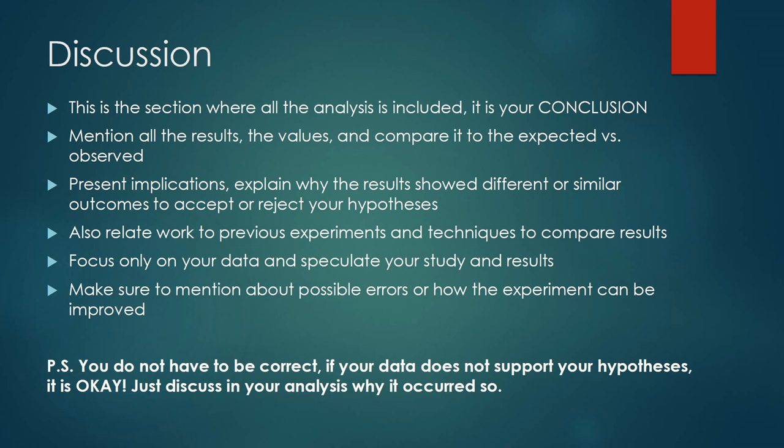So make sure that you focus only on your data and speculate on your study and results. Don't try to change the data that you collected, because it's still your data. Also mention the possible errors and how the experiment can be improved. The discussion is usually a really long one. It should come up to about 1 to 2 pages.